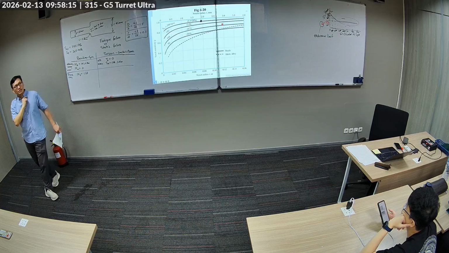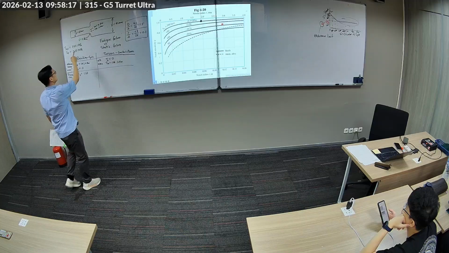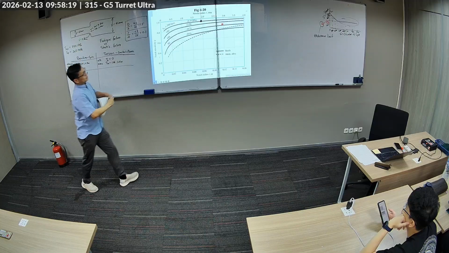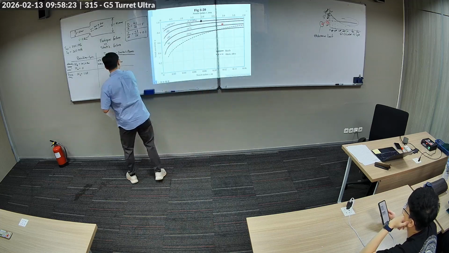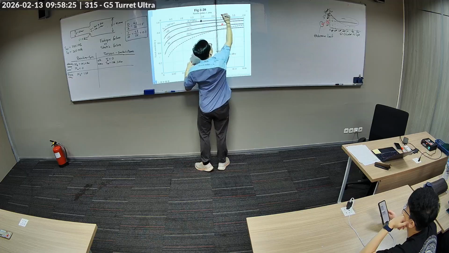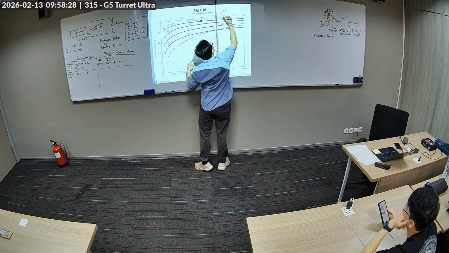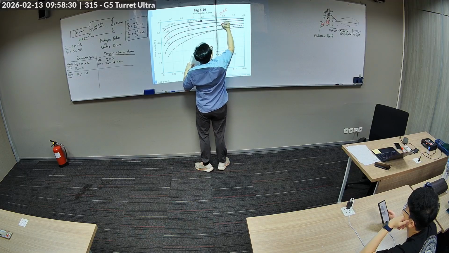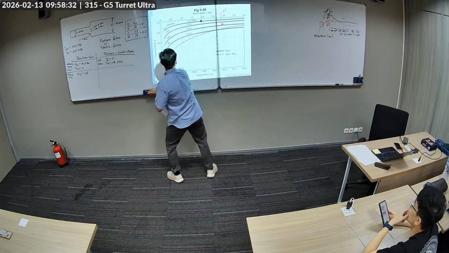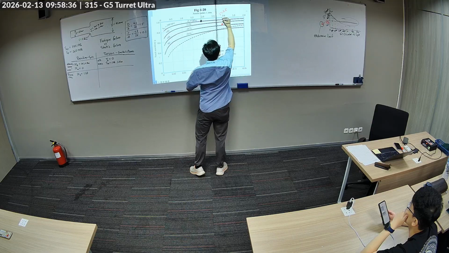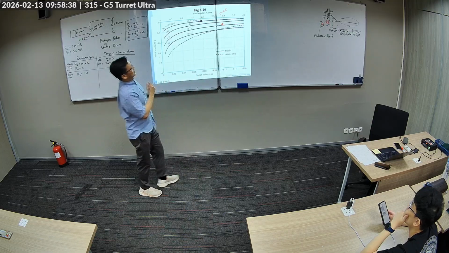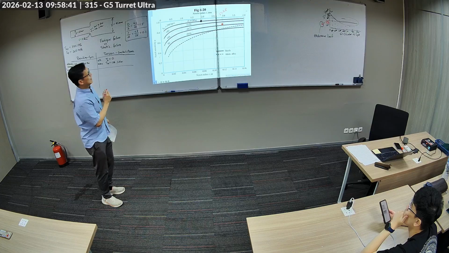Our SUT is 735. Our radius is 2.8. So this is r equals 2.8. Alright, I'll follow my own slide. That's r equals 2.8.